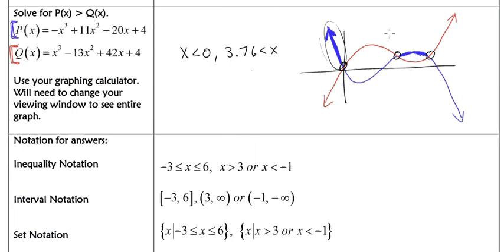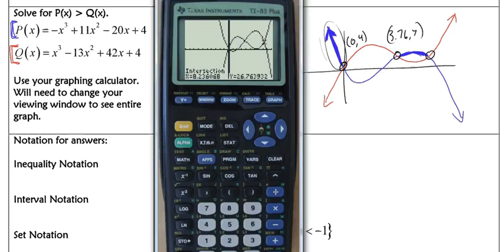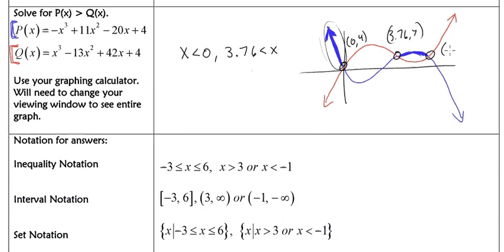So again, this was 3.76, comma, whatever the y value was. This was 0, comma, I think the y value there was 4. And here we're at, oh, I forgot, 8.23, comma, whatever the y value is, so less than 8.23.